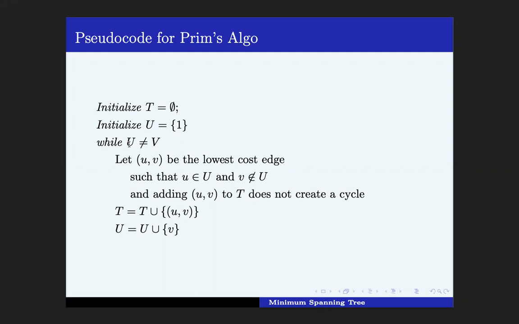While we have not touched every vertex, we look at the smallest weight edge such that one vertex is in capital U and the other vertex is outside capital U. If by adding that vertex you don't create a cycle, then you add it to the tree and go ahead.